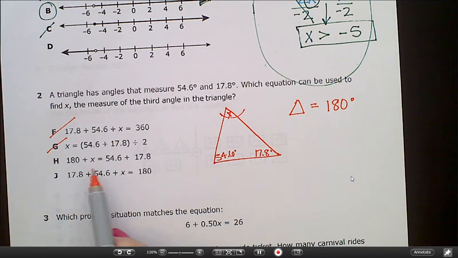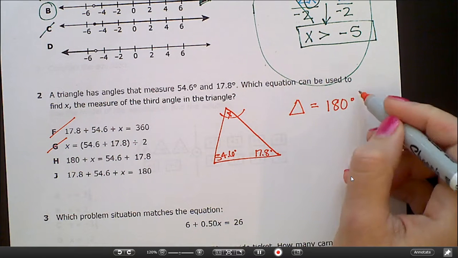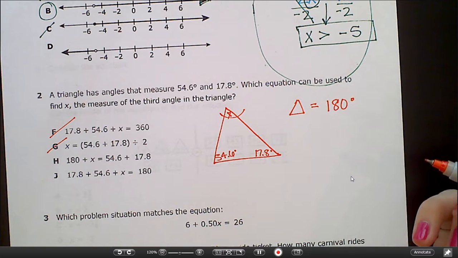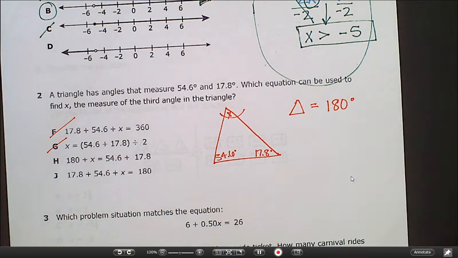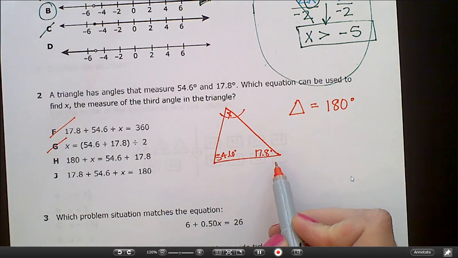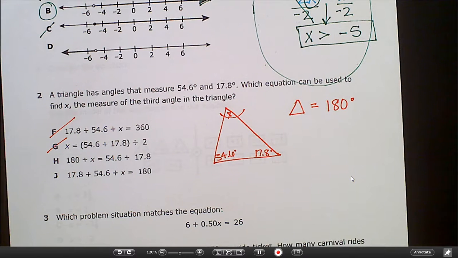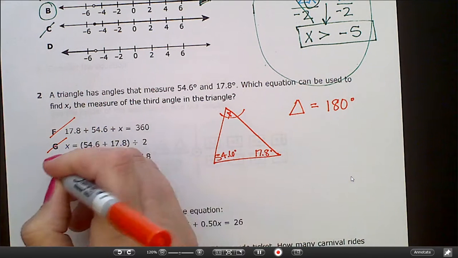Here, 180 plus x, so the total number of degrees in a triangle plus this many degrees is going to equal these two added up. No, that's not true because I know that 180 is the max.